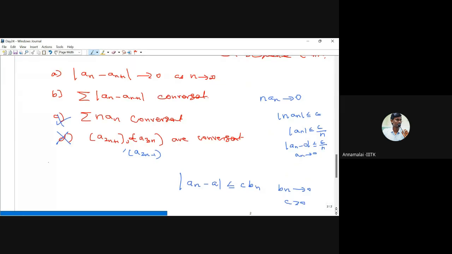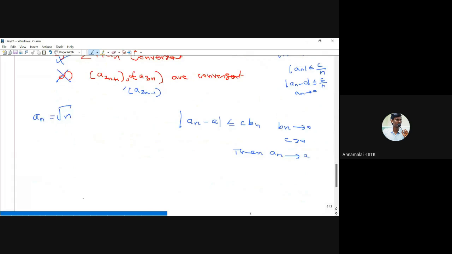Why? If we take the counterexample, an equal to square root of n, clearly this an is not convergent. It's a divergent sequence. But this an satisfies the condition modulus of an minus an plus 1. What is this? It's nothing but square root of n minus square root of n plus 1. We can multiply and divide by square root of n plus square root of n plus 1.